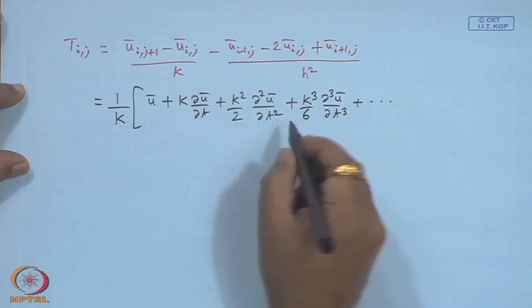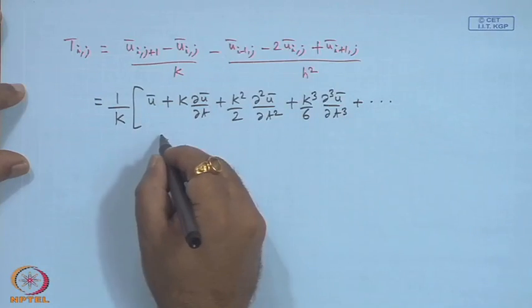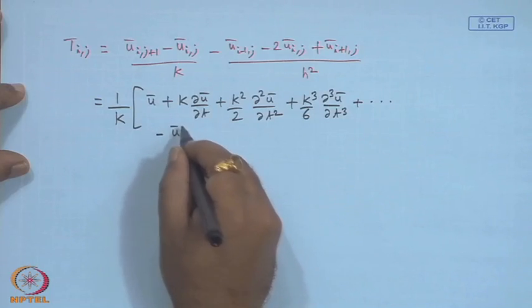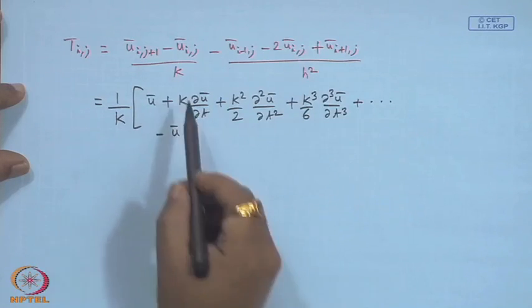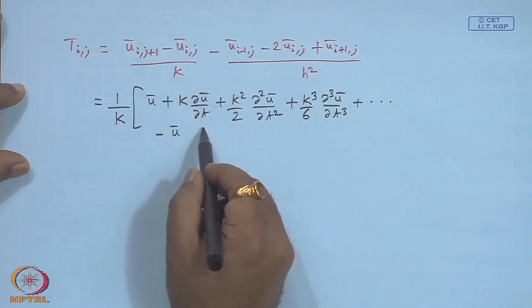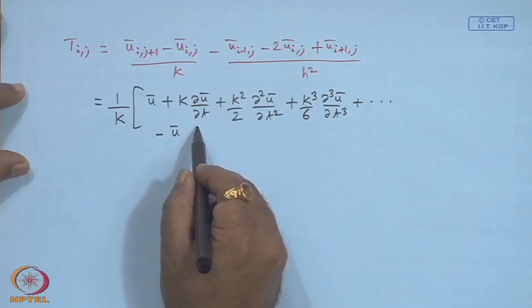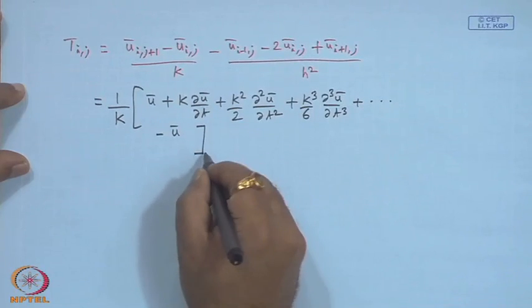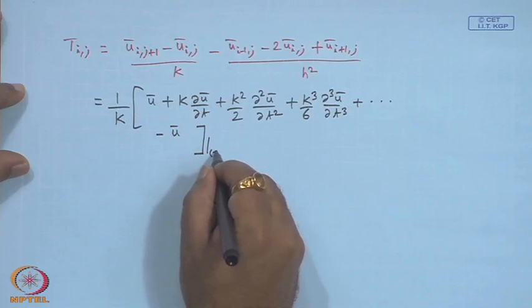So, we write it minus u bar. Okay. So, this is because there is no expansion of u bar. I have already mentioned this is an evaluation at x i j. If you want, here you can write it down for all the terms.